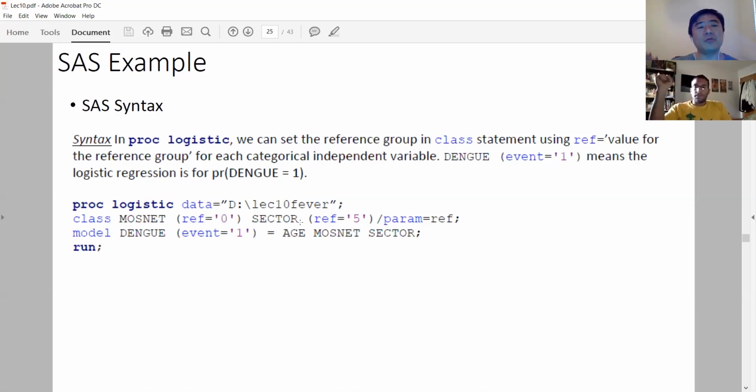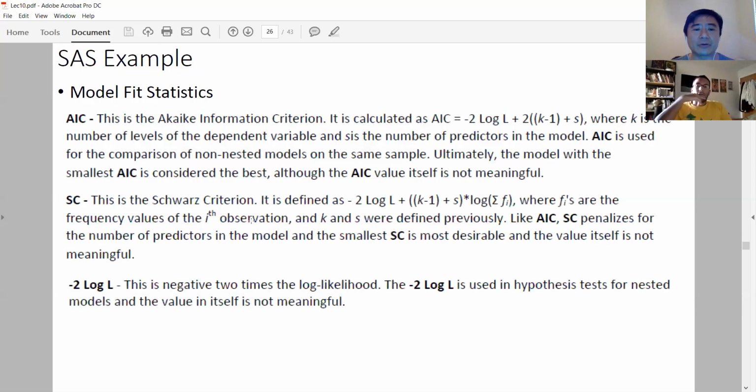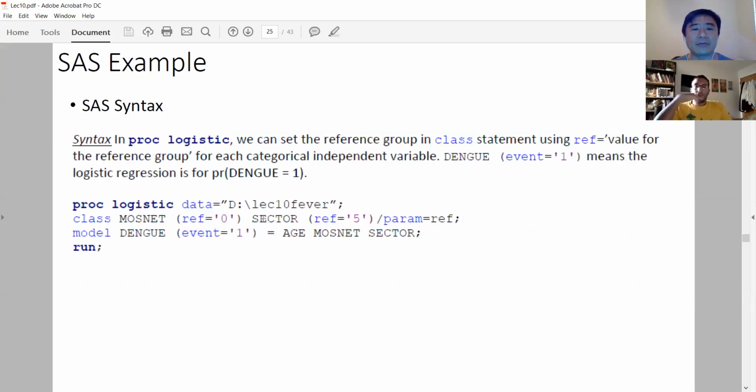If you use 2 and 1, it's similar to creating a dummy variable of 0 and 1, like sector, which is similar to not 0 and 1. SAS will use 2 as the reference, and underlyingly it creates a dummy variable 0 and 1.